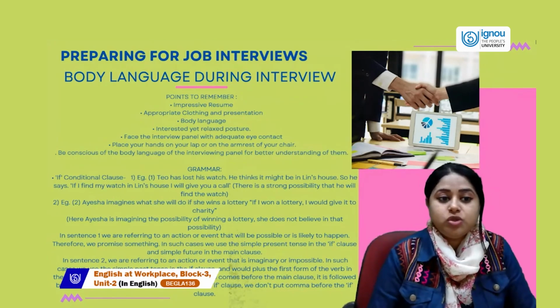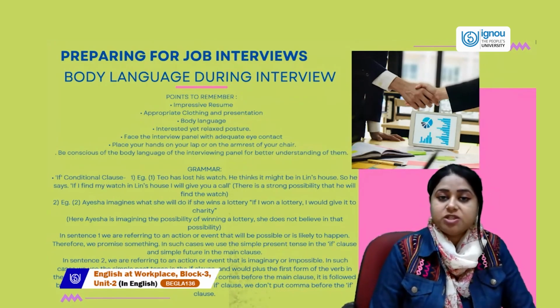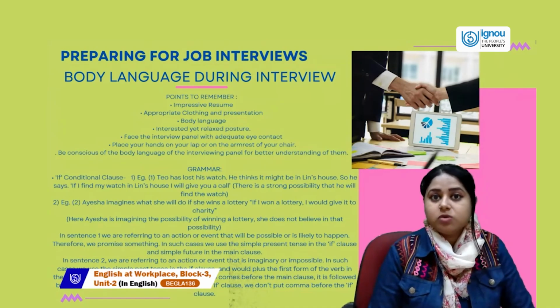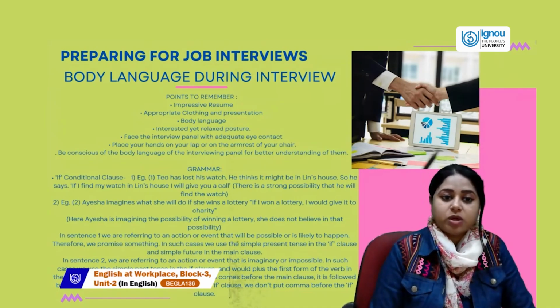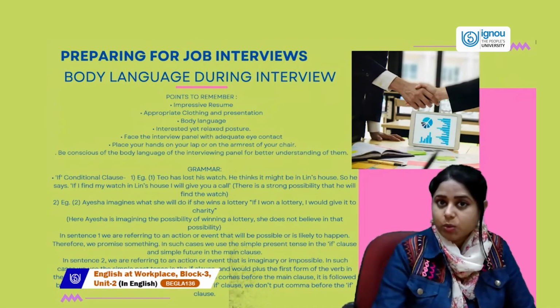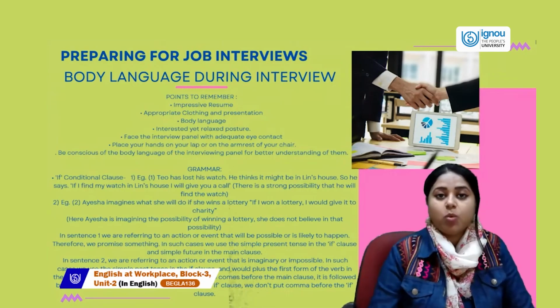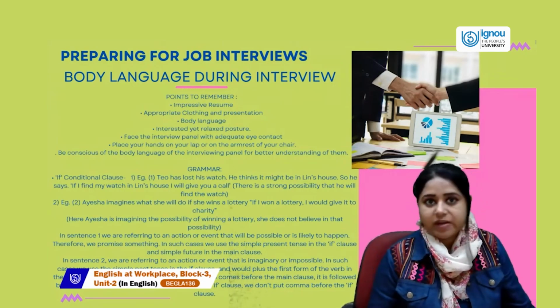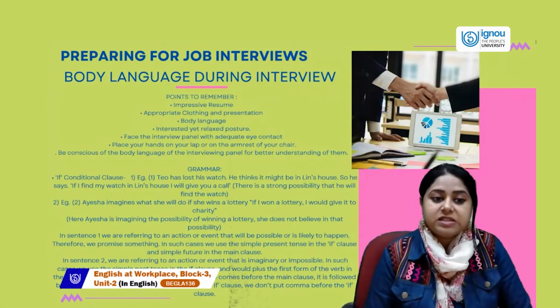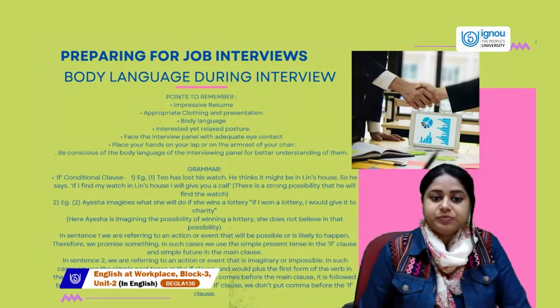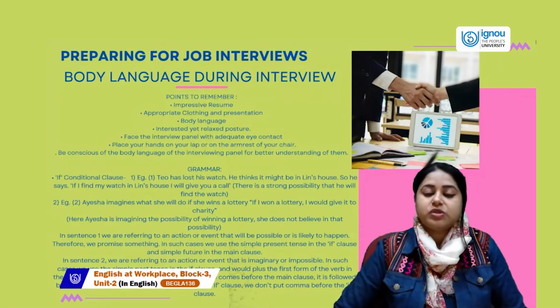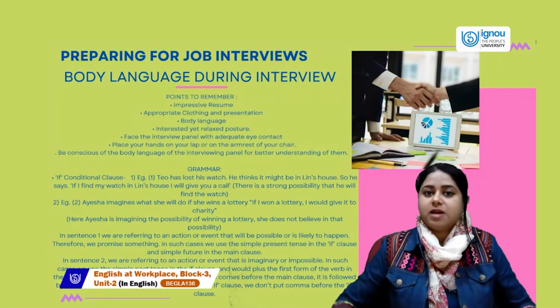Now, how do you face the interview panel? Remember, we talked about adequate eye contact. So, face the interview panel with adequate eye contact. Now, what is adequate eye contact? I've already covered. Next thing is place your hands on your lap or on the armrest of your chair. So, let's say if I'm talking like this, what is the armrest of the chair?